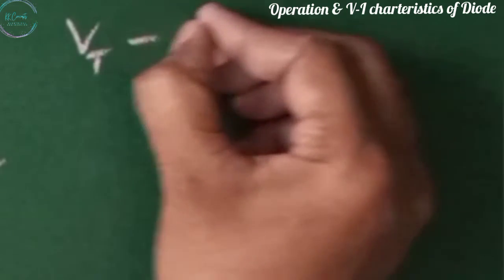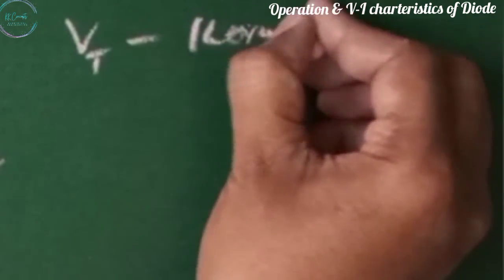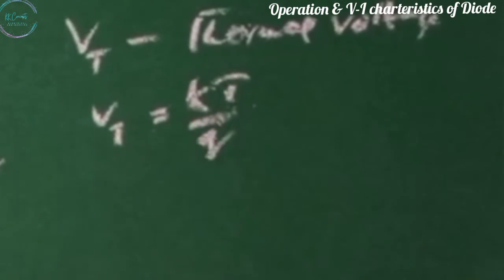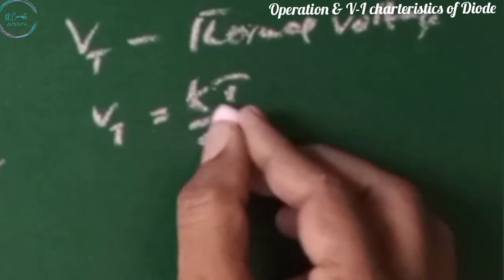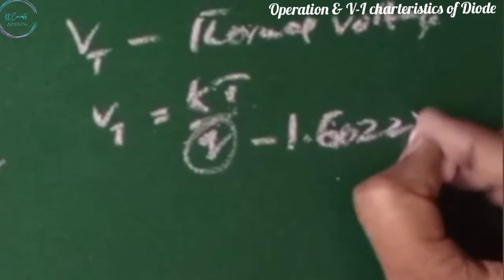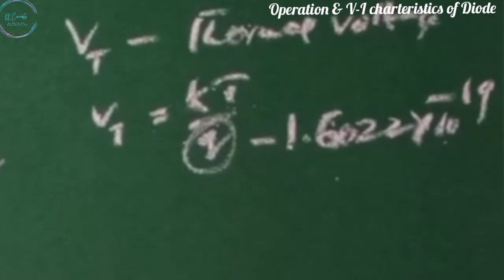VT is the thermal voltage given by VT equals kT by q. Here q is the electronic charge, with value 1.6022 times 10 to the power minus 19 coulombs.